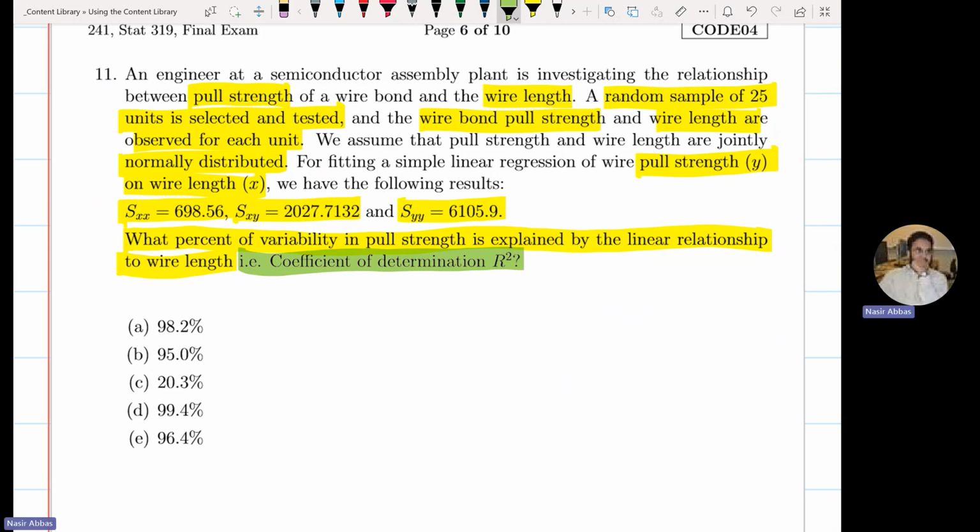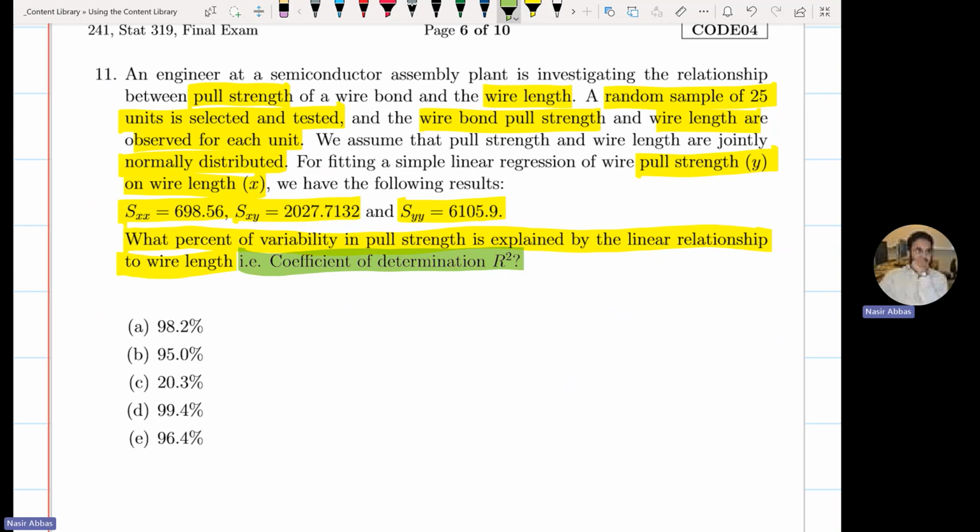They gave you the clarification, they're asking for R square, but even if they don't give you that green part, the meaning of the green part is in yellow. The yellow is the percentage of variation in Y which is explained by the regression. It is R square. So even if the green part is not given to you, you are supposed to understand from the yellow statement that R square is what is required.